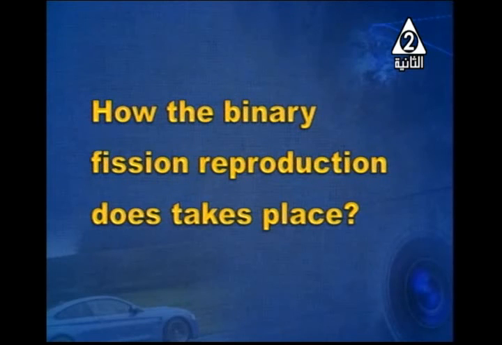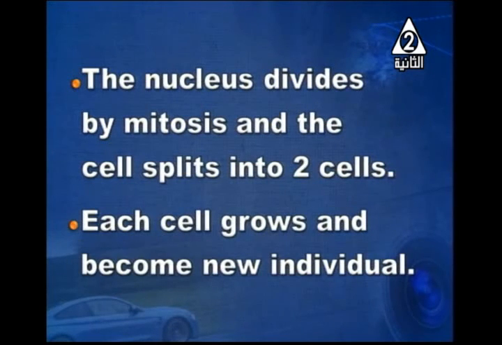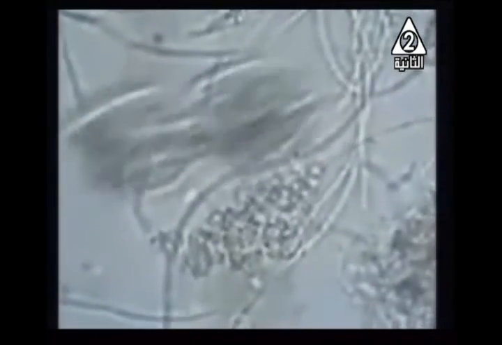How does the binary fission reproduction take place? The nucleus divides by mitosis and the cell splits into two cells. Each cell grows and becomes a new individual. This figure shows how the bacterial cell divides.